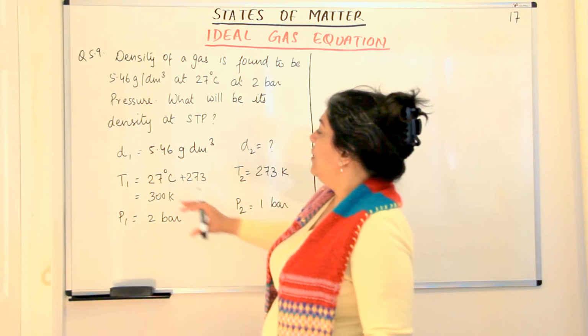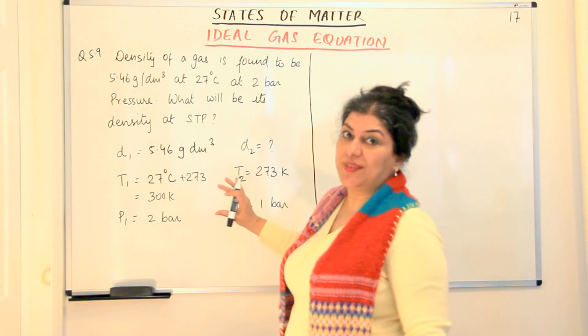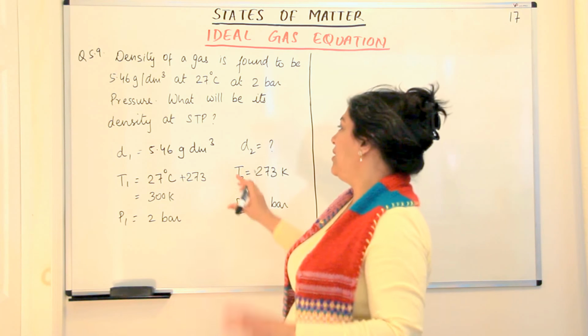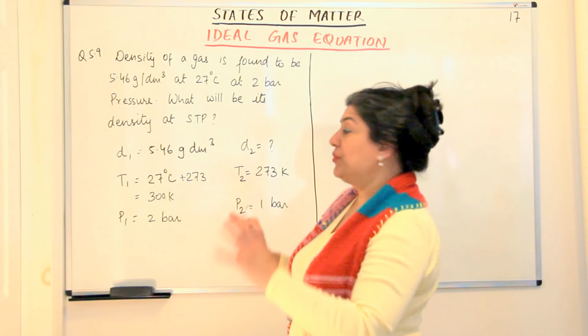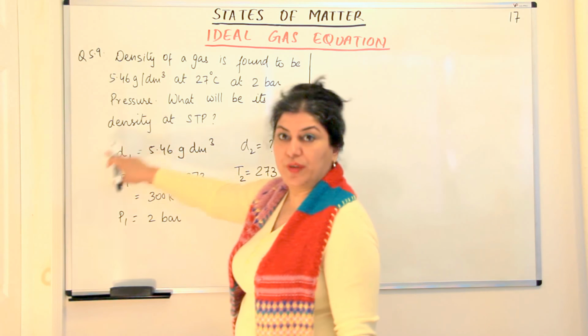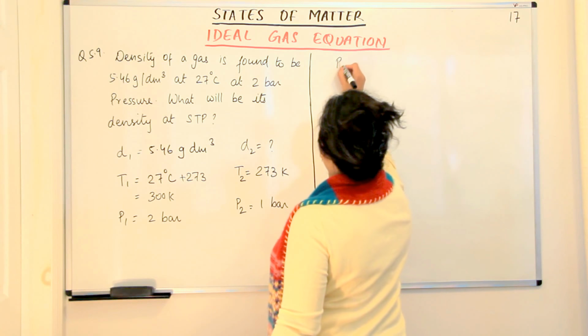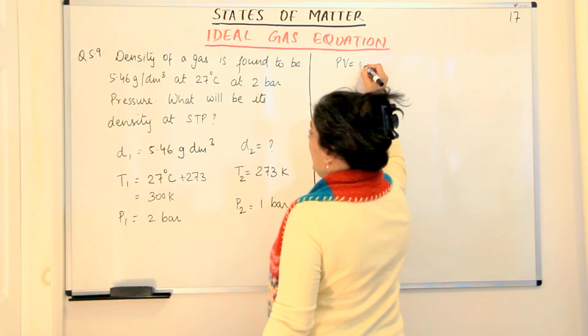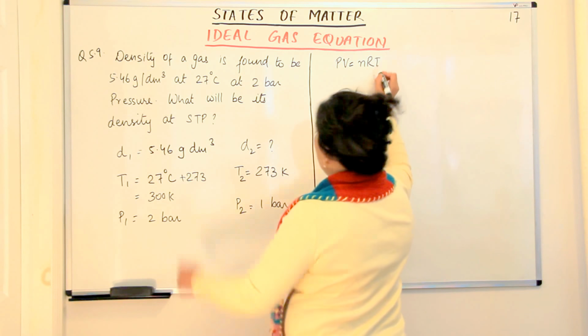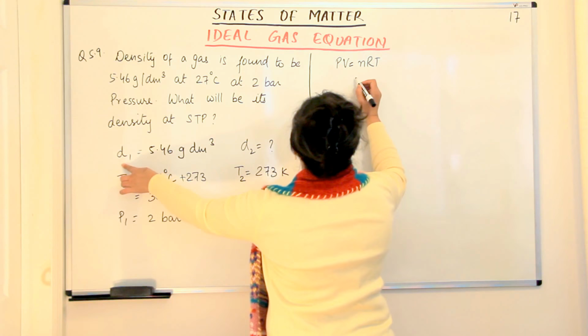So let us now apply the ideal gas equation to both the situations and then we will try to find out D2 from these two relationships. If you apply the ideal gas equation to the first situation, we know the ideal gas equation is PV is equal to nRT. But we are not concerned with n, we want the term in density.